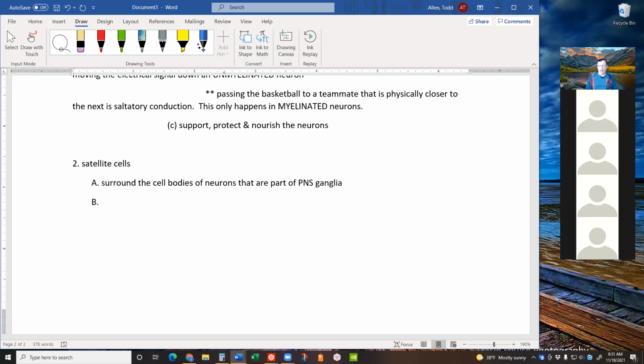So there's a structural capacity to the satellite cells. And finally, satellite cells help regulate the exchange of materials between the cell bodies of the cells that are part of the ganglion and the surrounding interstitial fluid. So it acts as a go-between for material exchange between these cells and the extracellular fluid.